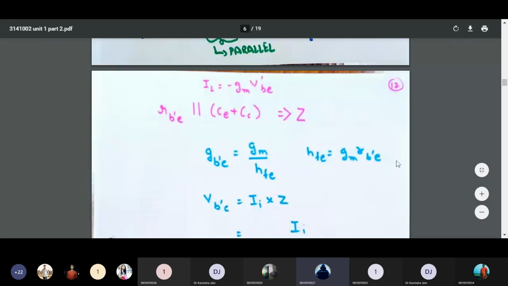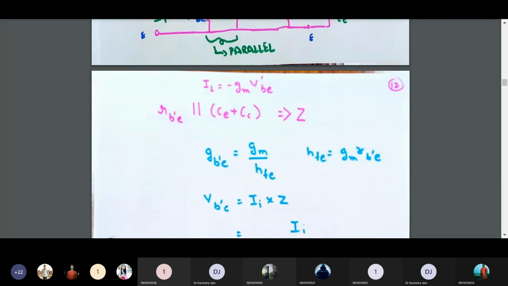So what is the impedance of a capacitor? Enrollment number 17. Ma'am, what is the impedance of a capacitor?